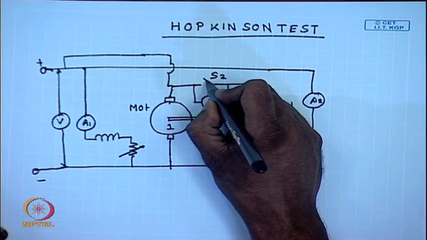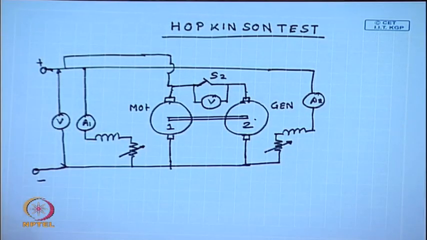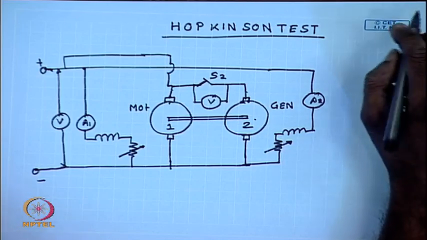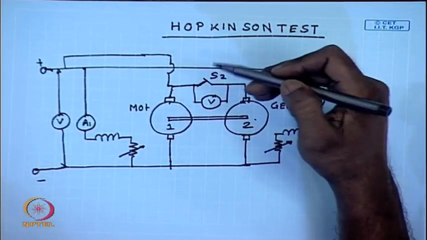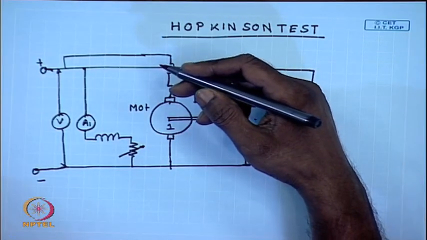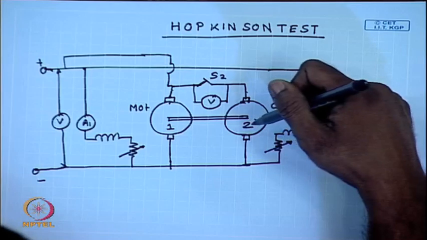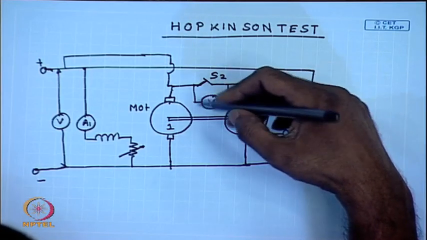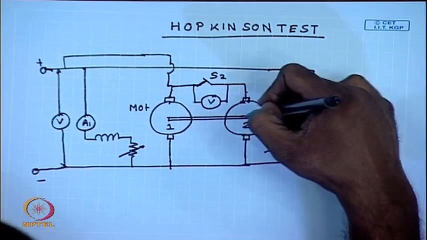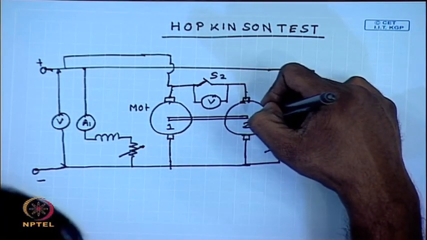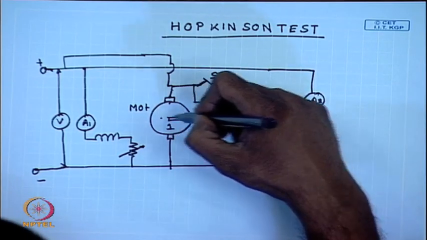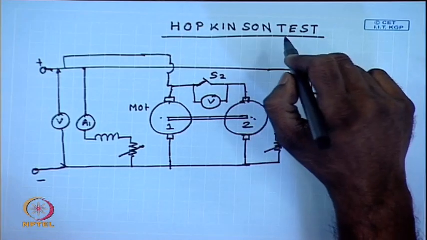Once it is 0, then this switch is closed. Now, the total current drawn from the supply will be simply the losses of the two machines. The electrical power developed by the generator will be consumed by the motor, whereas the mechanical power developed by the motor will be used to run the generator.